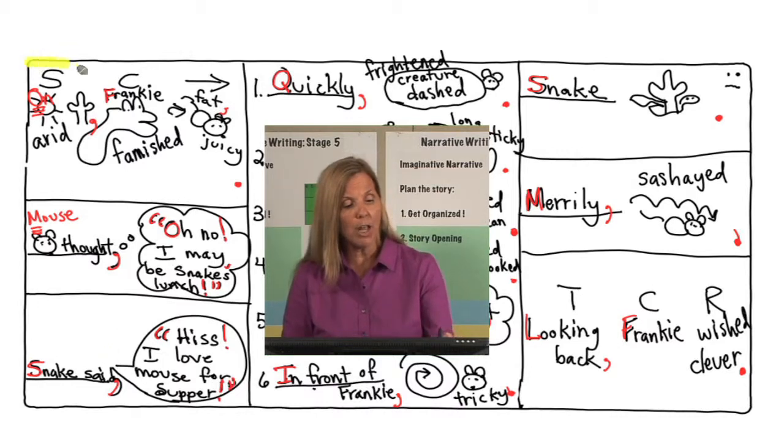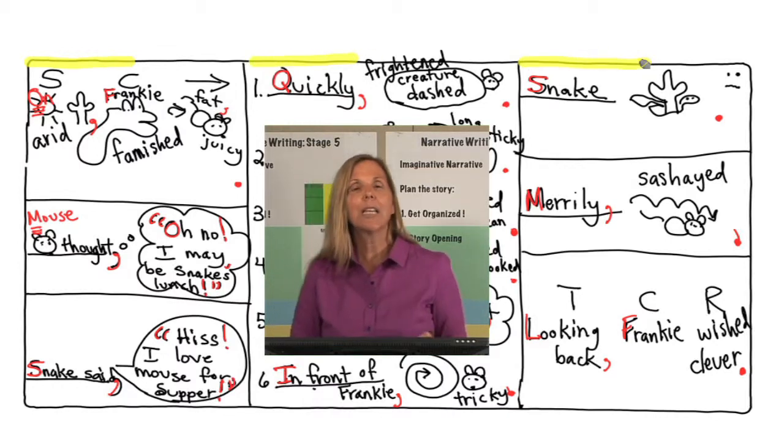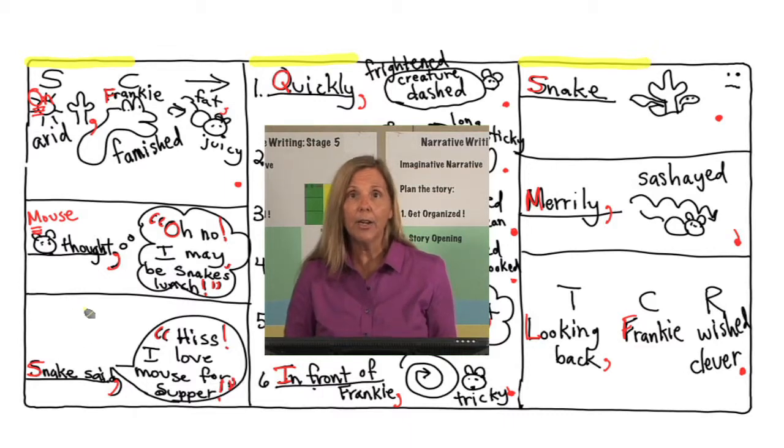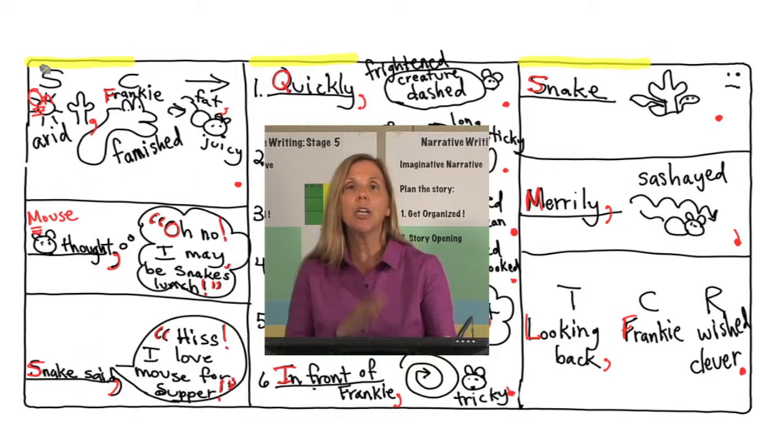So we're going to put a line across the beginning box, the middle box, and the ending box with a highlighter. This highlighter is telling you, the writer, that you're not only going to orally rehearse the beginning of the paper, but the highlighter's reminding you to indent when you go to write.